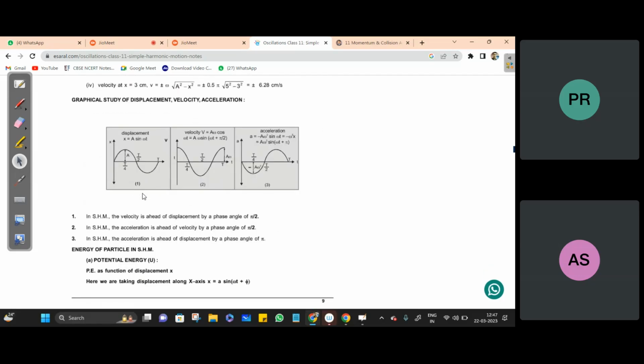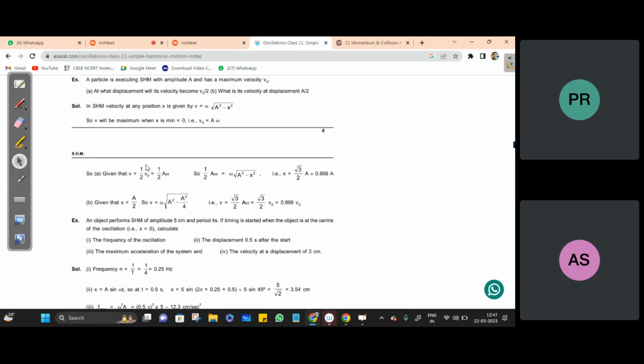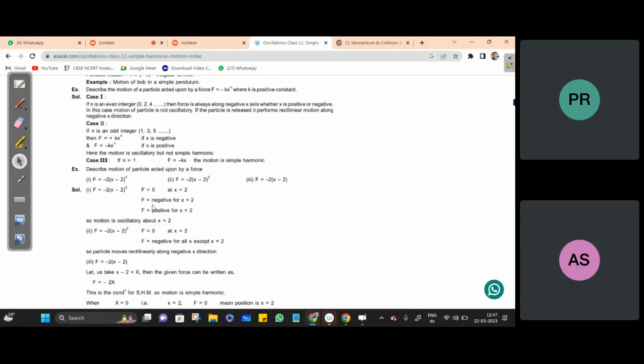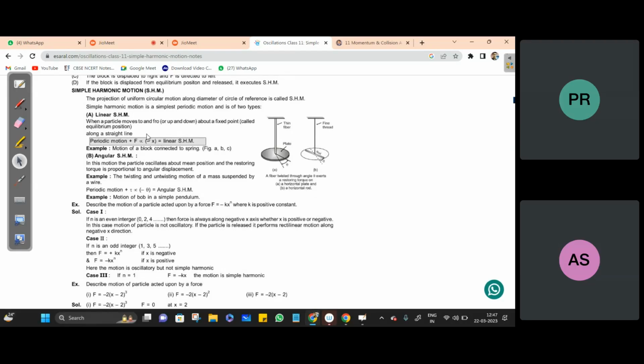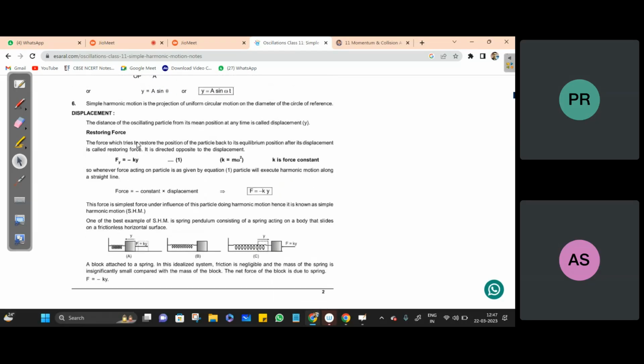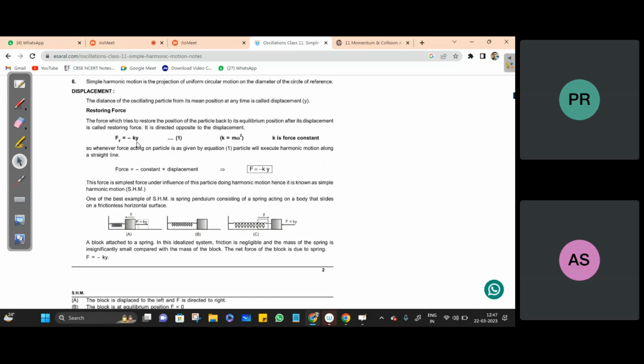This book has not written it properly. SHM is simply a type of oscillation in which the restoring force acting on the particle is proportional to the displacement of the particle from the mean position.